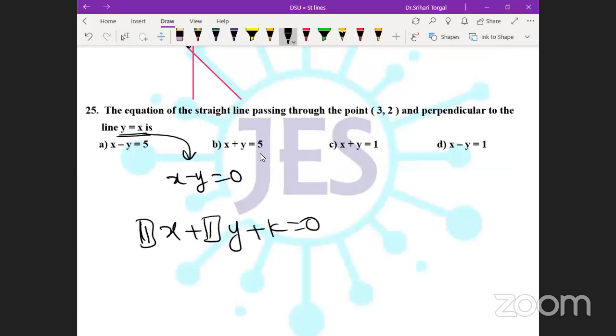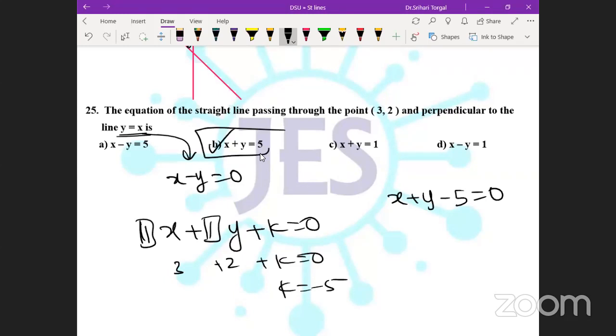Substitute these 2 points. The value of k becomes -5. The equation is x plus y minus 5 equal to 0. Option B is the right answer.